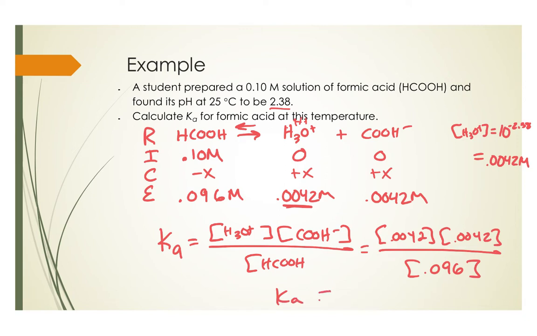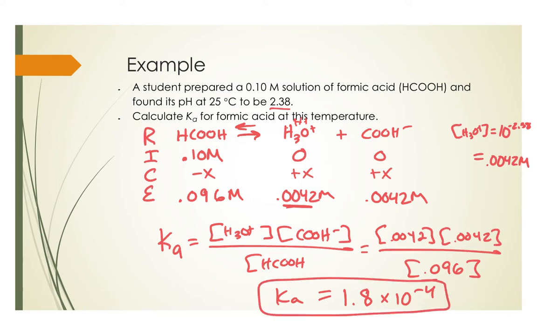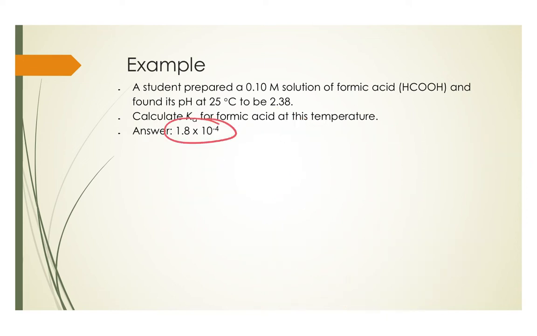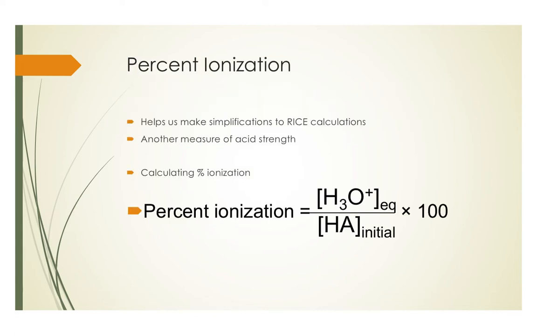This gives me a Ka of 1.8 times 10 to the negative 4th. Which indeed it is.